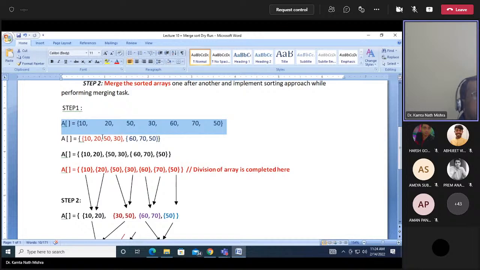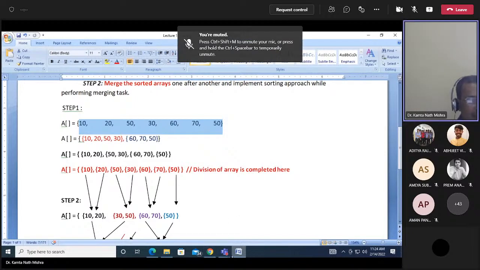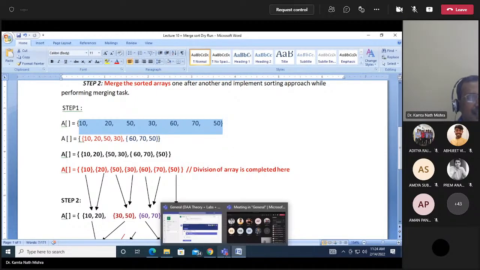So in the next stage, what are we doing? Are these 6 elements or 7 elements? I see fewer, I think there are 8 elements. Are these 6 elements or 8 elements? 6, sir.